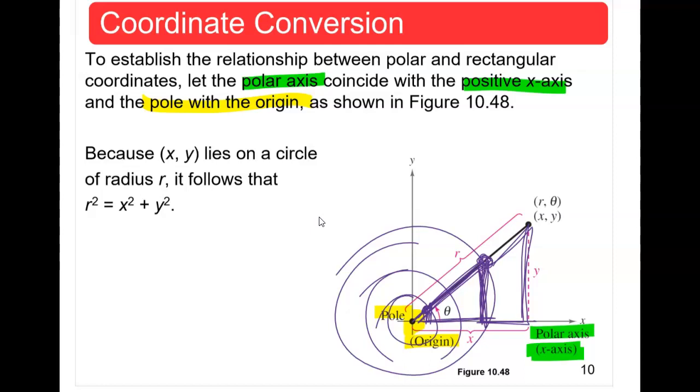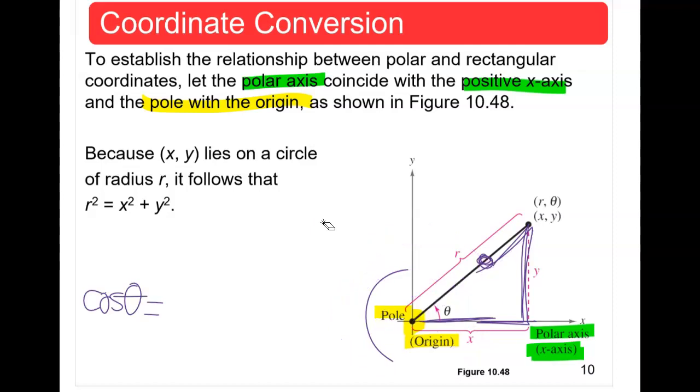So if I was supposed to find the cosine of theta based on this triangle, let's use the big triangle. That is r, which is the hypotenuse of the triangle.